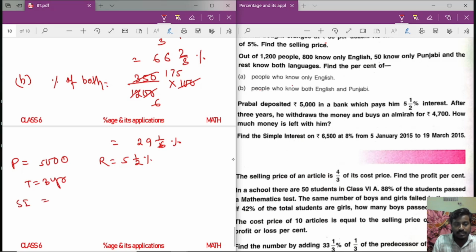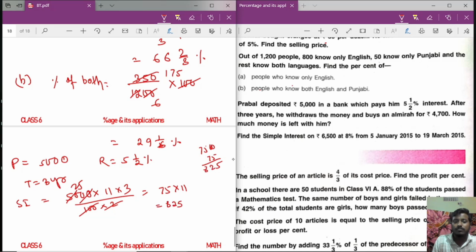So what is SI? PTR by 100, that is 5000 into 11 by 2 into 3 by 100. 0 0 cancel to 25. So 25 3 is 75 into 11 equals 825.